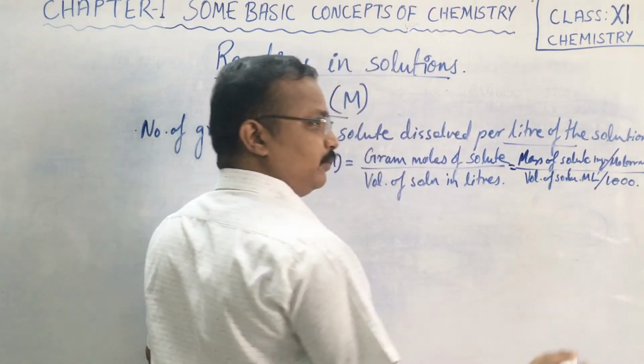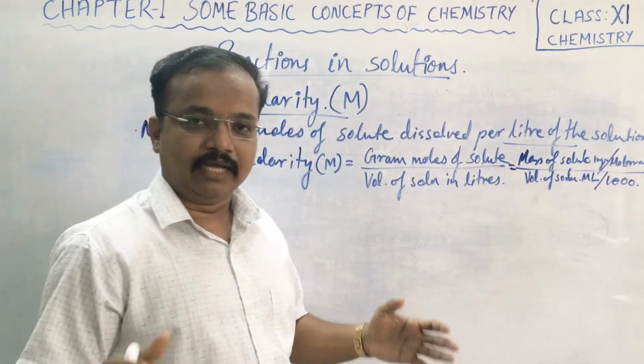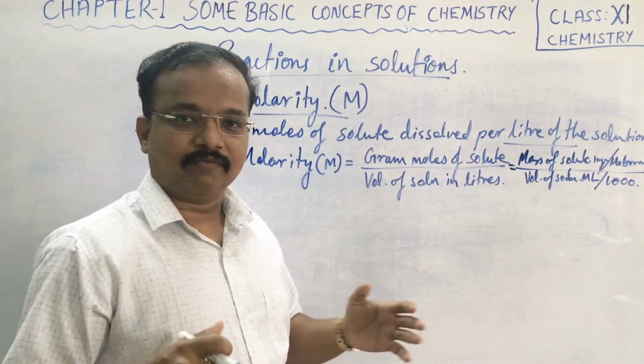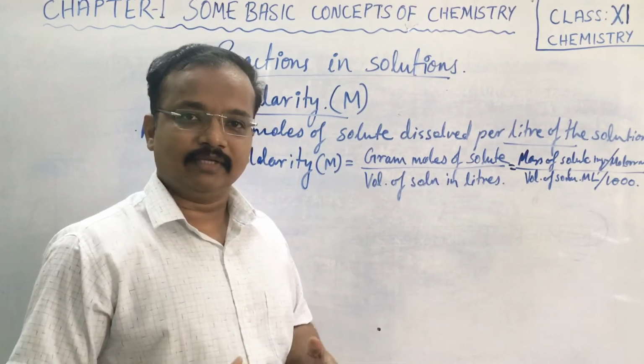We divide by 1000 because if the volume is given in milliliters, we have to convert it into liters.